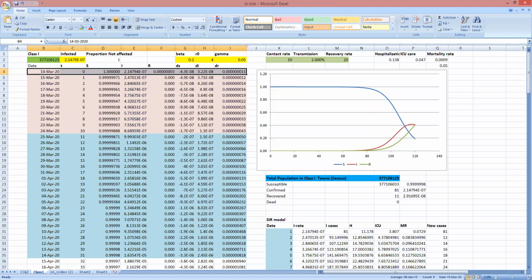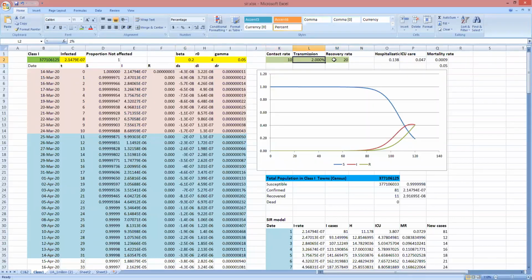If you look into the SIR model, we only need S0, I0, and R0, and we need the values of beta and gamma. So I've got N, I've got S, I've got I, I've got R. I've calculated the values of beta and gamma based on what I'm plugging in over here.